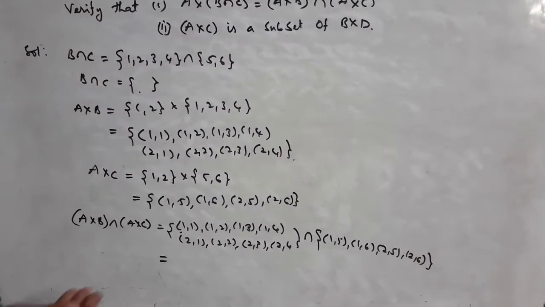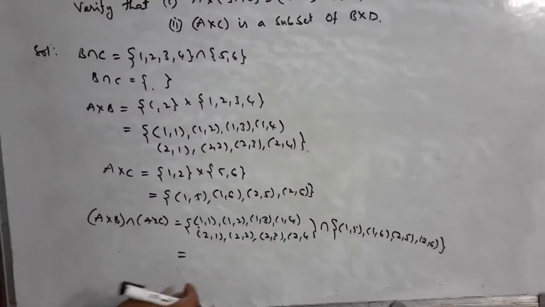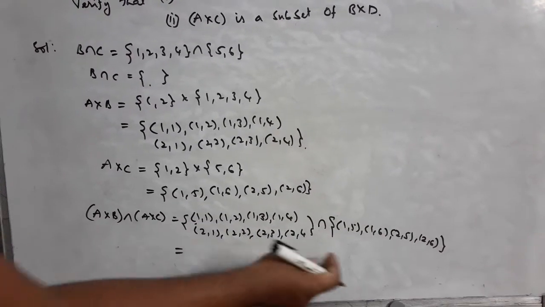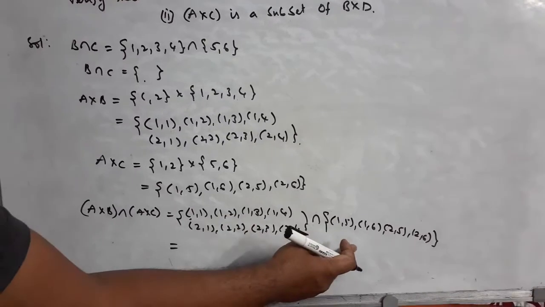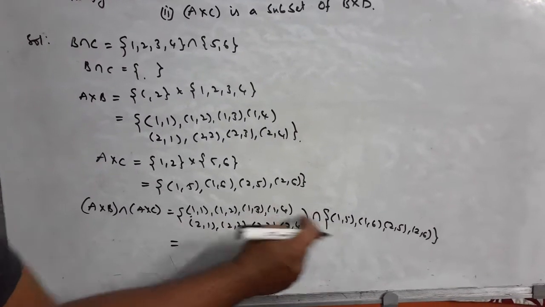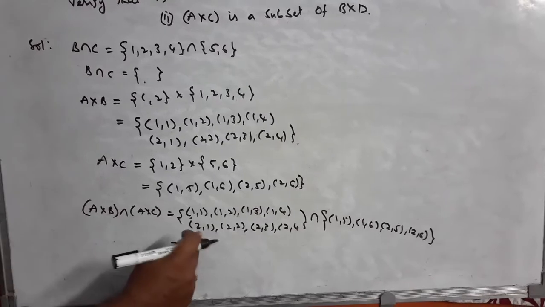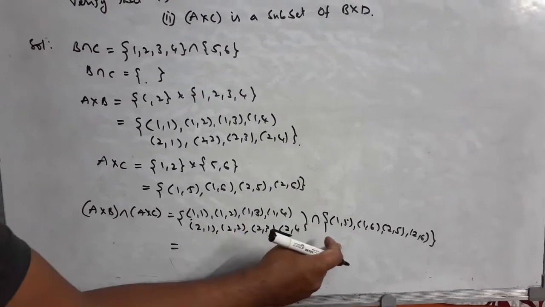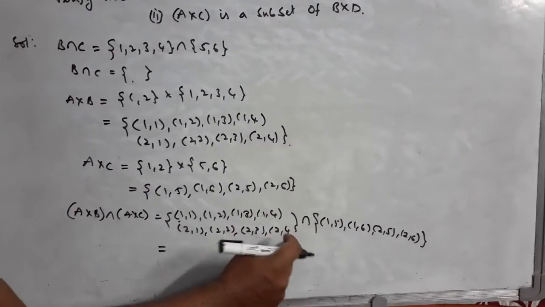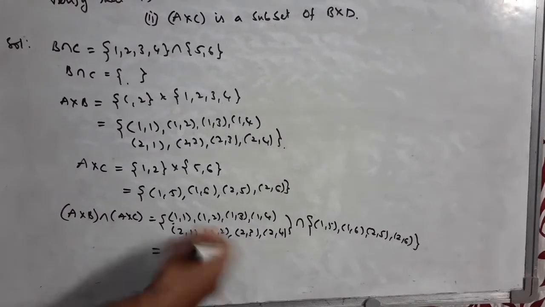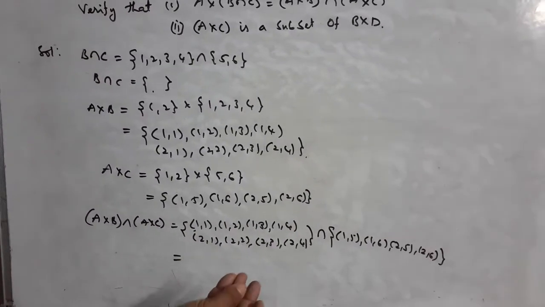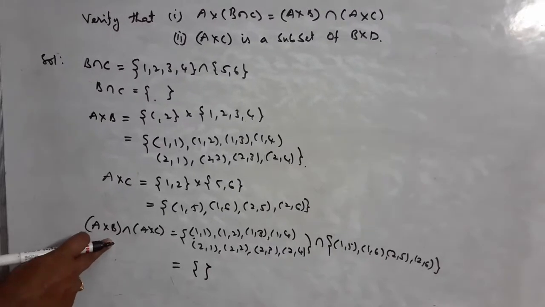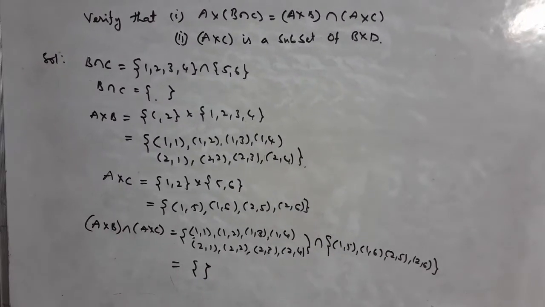The intersection means we have to choose the common elements from both sets. Here 1 comma 1 is not present, 1 comma 2 not present, 1 comma 3 not present, 1 comma 4 not there, 2 comma 1 not present in the second set, 2 comma 3 not there, 2 comma 4 also not there. So there is no common element to both sets, so it is an empty set. So (A cross B) intersection (A cross C) is the empty set.